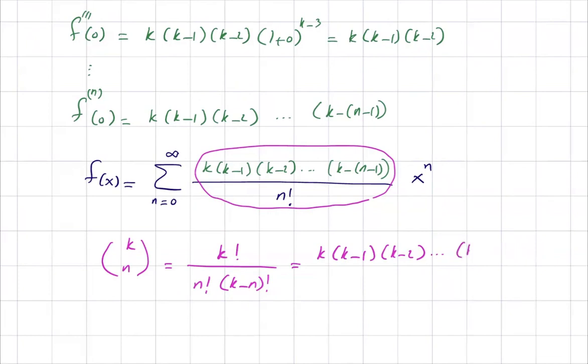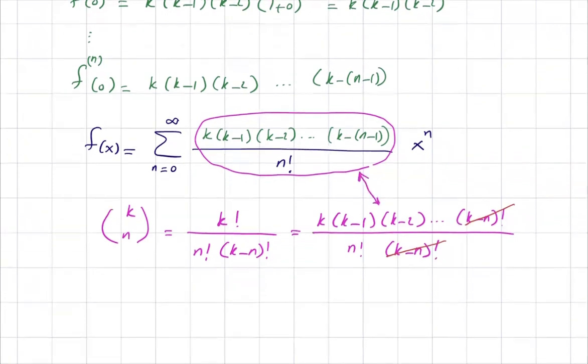You can get rid of the common factorials and you end up with the exact same quantity that you have here.